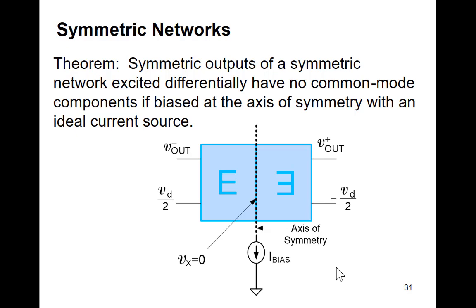And here's Vout minus and here's Vout plus. And I've got a current source here biasing it. And I've got inputs right here.